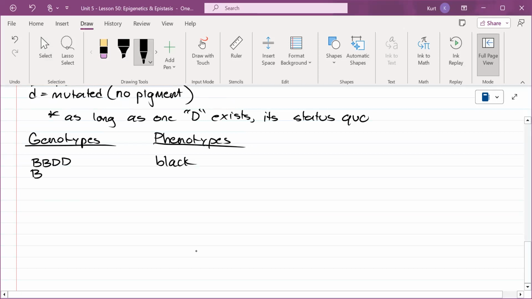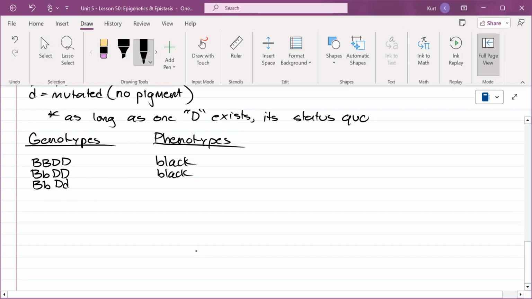All right. What is the genotype for fur color? Heterozygous. Do you see any dominant Ds? So status quo. What's the fur color? Great. What is the genotype for fur color?